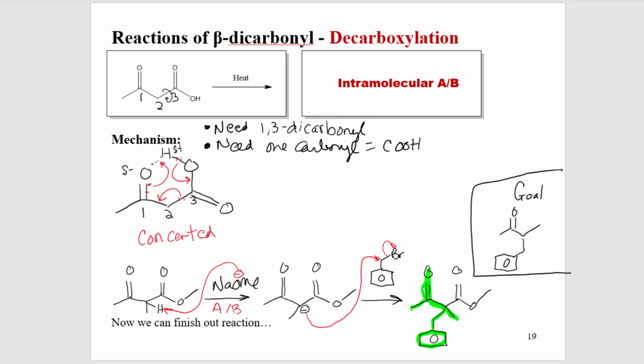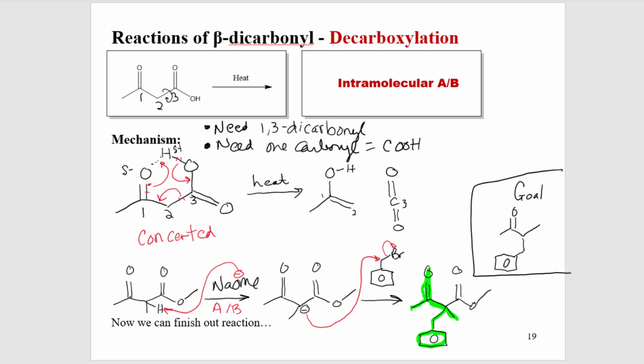and it thus gives us, let's see what happens arrow-wise with heat. We have OH, double bond, C, double bond O, that's carbon 3, carbon 1, and carbon 2.